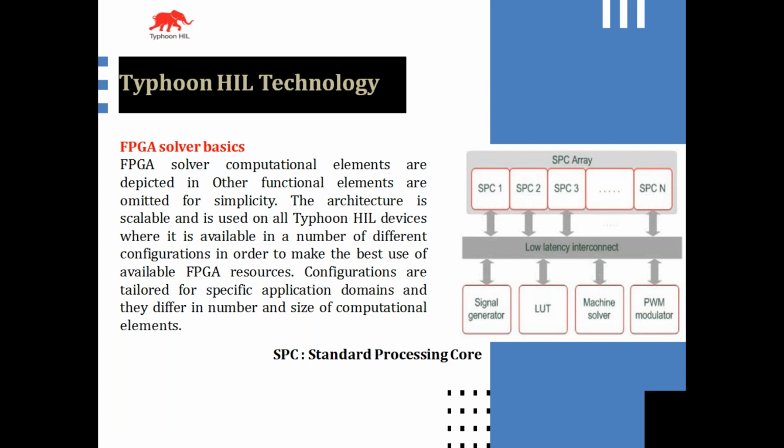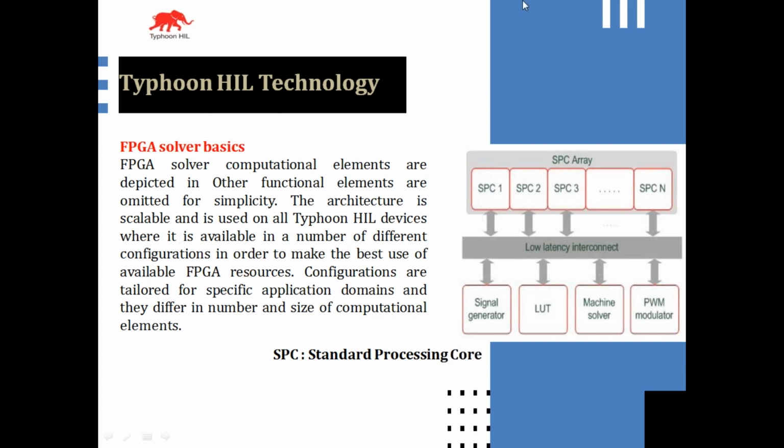Now, coming to the signal generator. It is in charge of generating arbitrary waveforms at the full simulation rate. It is mainly used for independent voltage and current sources. It employs linear interpolation in cases where the waveform sample rate is lower than the simulation rate.